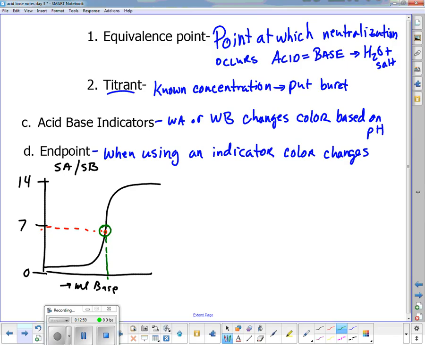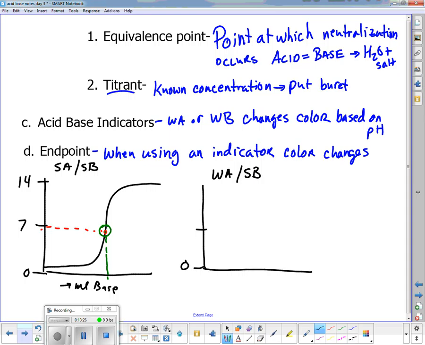And if it's within 1, either way, it's still within that steep point of the curve, and they'll be almost exactly alike if it's within 1, either way.